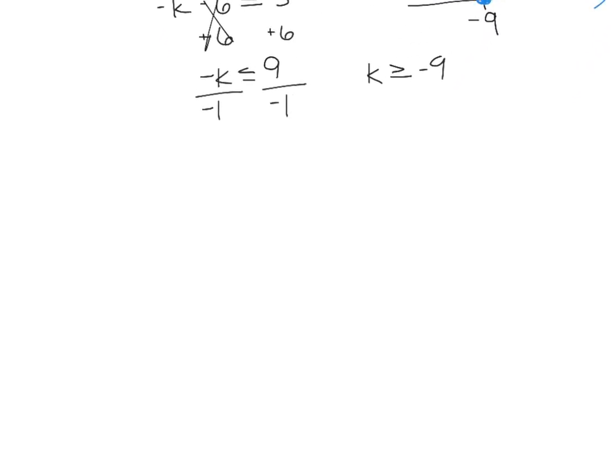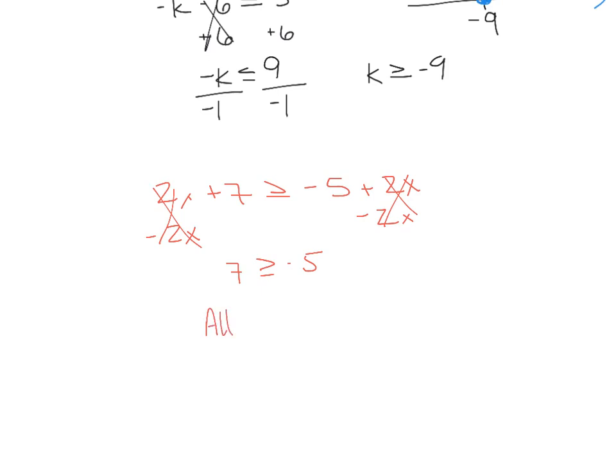Next problem. We have 2x plus 7 is greater than or equal to negative 5 plus 2x. Subtract 2x from both sides. And that cancels all our variables and we have 7 is greater than or equal to negative 5. And this is all real numbers.